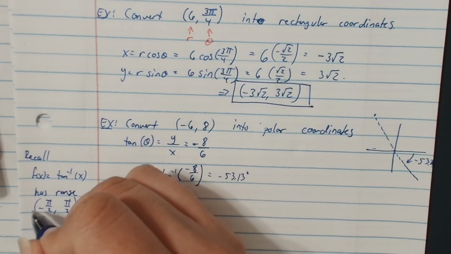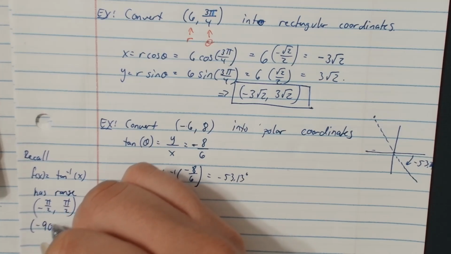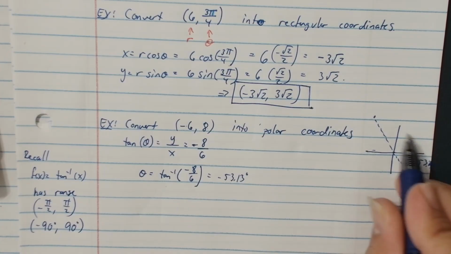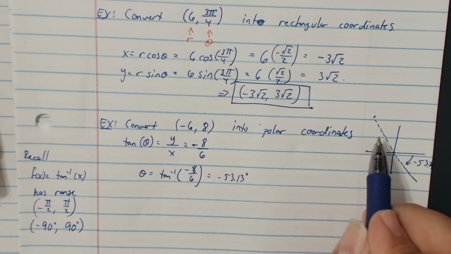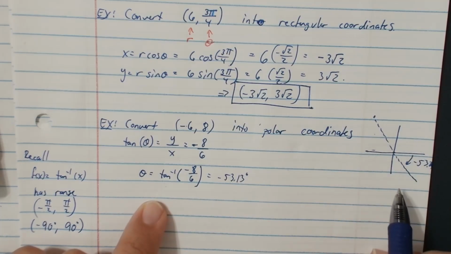Or if you want to do it in degrees, that's negative 90 degrees and positive 90 degrees. So you can only ever get stuff over here. So if your point is either in the second or the third quadrant, your angle will be wrong.